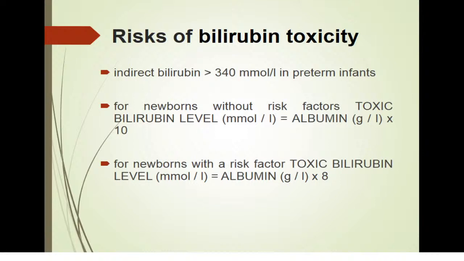For a newborn without risk factors, the level of toxic bilirubin in micromole per liter is equal to albumin in gram per liter multiplied by 10. For newborns with a risk factor, the toxic bilirubin level in micromole per liter is equal to albumin in gram per liter multiplied by 8.